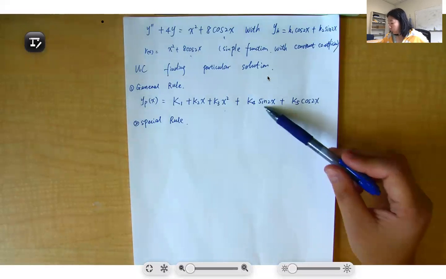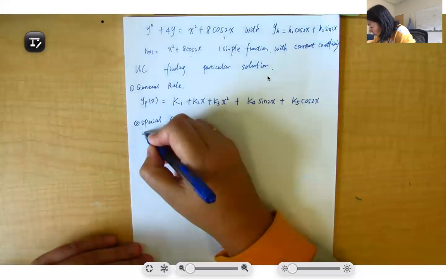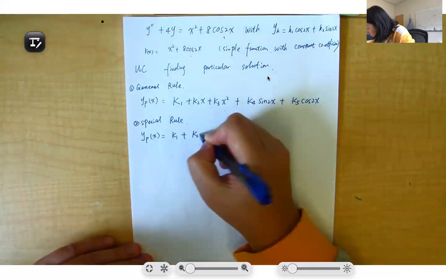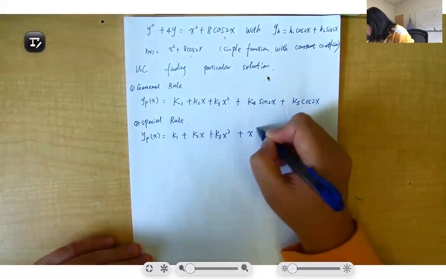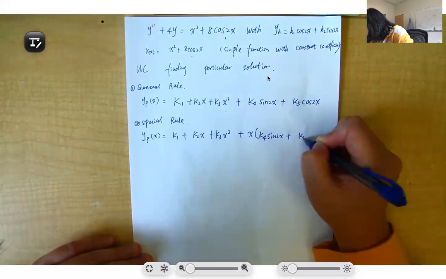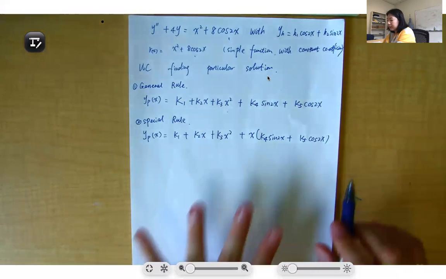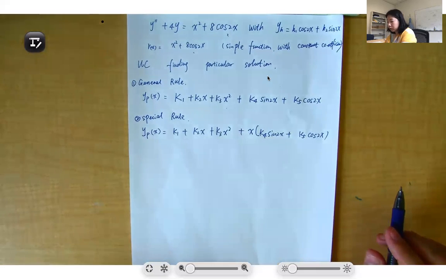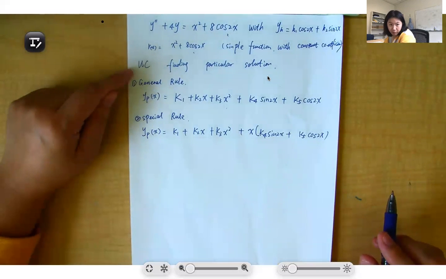So for this term, you need to multiply by x. What we can get is yp(x) equals k1 plus k2x plus k3x squared plus x times k4 sine 2x plus k5 cosine 2x. Okay? So this is the final guessing form for the particular solution using both the general rule and the special rule in the undetermined coefficient method.